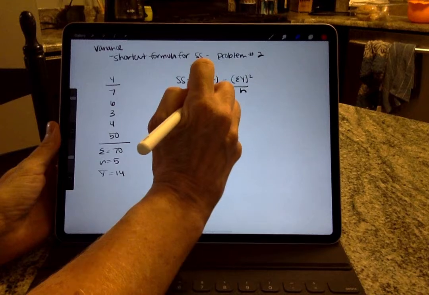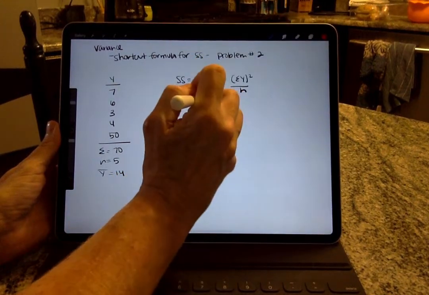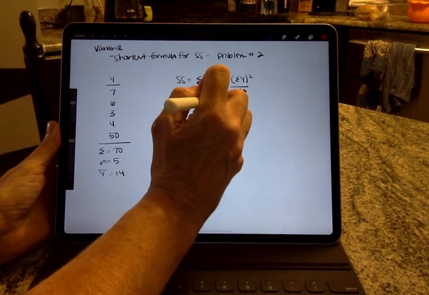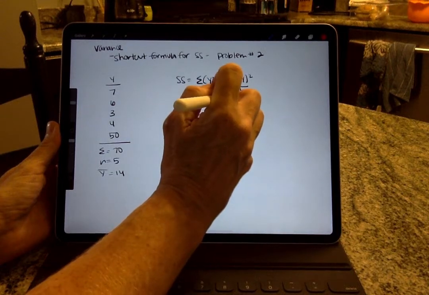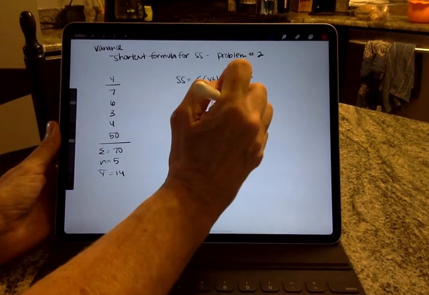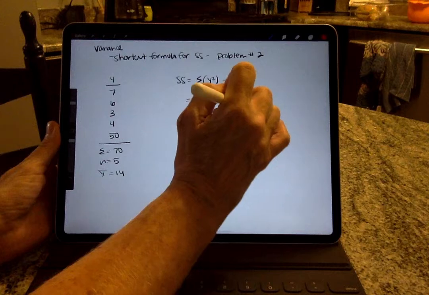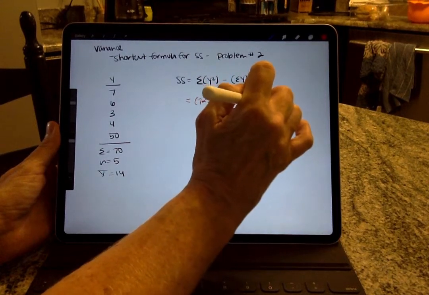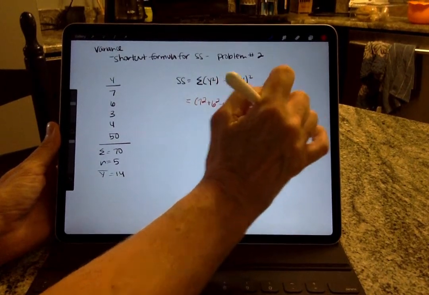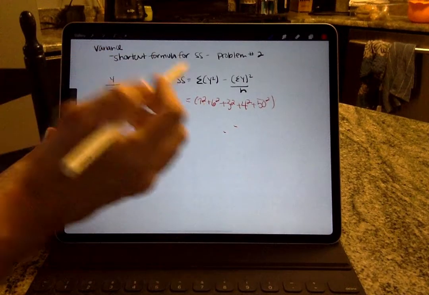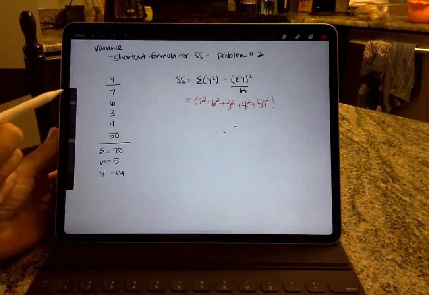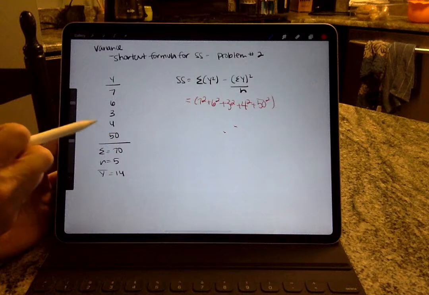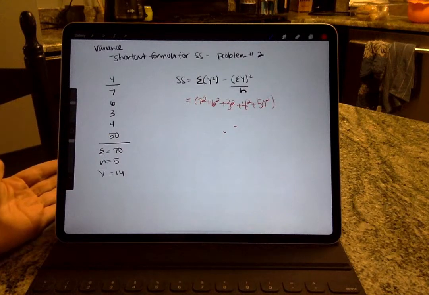So we've got 7 squared plus 6 squared plus 3 squared plus 4 squared plus 50 squared. That is the first piece of this problem. We're taking each one of these y's, squaring them, and adding them up.